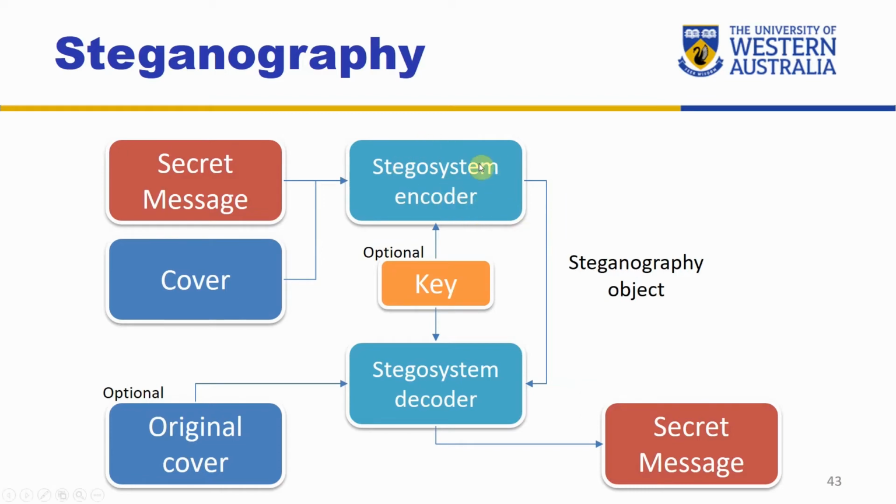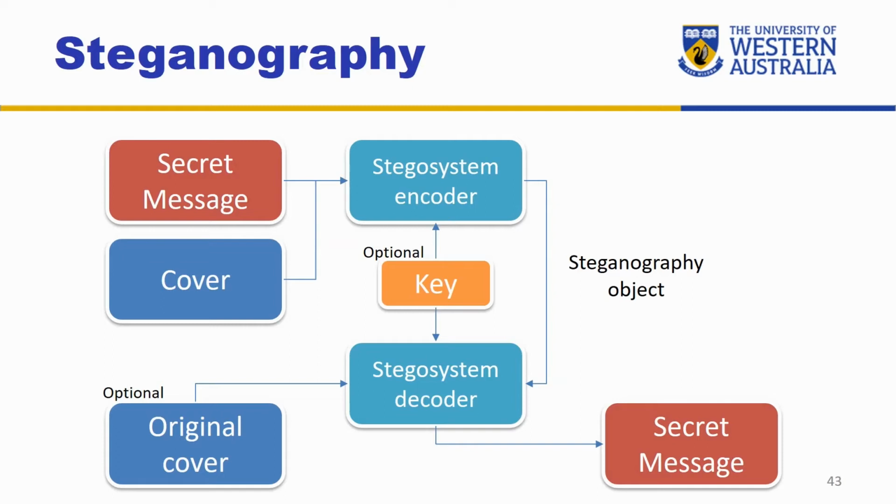Okay. So once this has been encoded, the stego system can provide the decoder as well. The original cover may be needed to retrieve the secret message, but often it is not needed. So in a nutshell, the secret message and the cover are the input to the encoder, and the decoder can just retrieve the secret message straight away.